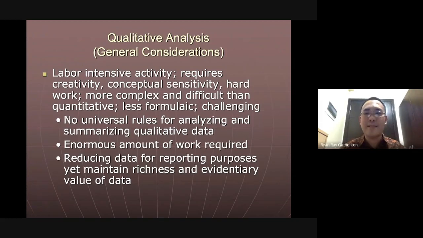It's more complex than doing a quantitative analysis because qualitative analysis is less formulaic. Hindi ka gagamit ng formula, hindi ka gagamit ng statistical test, hindi ka gagamit ng frequency distribution table whatsoever.